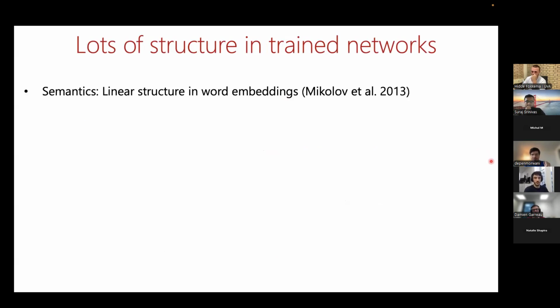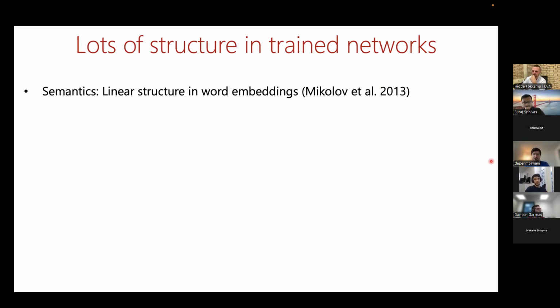There is a paper from 2013, the word2vec paper, which shows that word embeddings trained using it tend to have linear structure. This means that if we have embeddings for king, man, and woman, it's likely that the embedding for queen is king plus woman minus man.